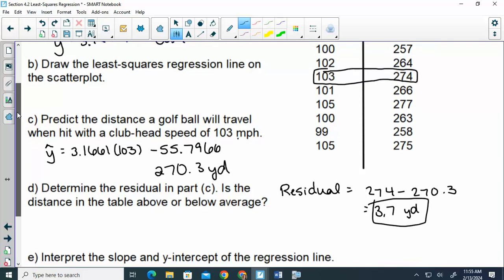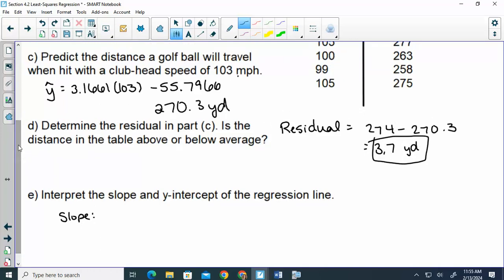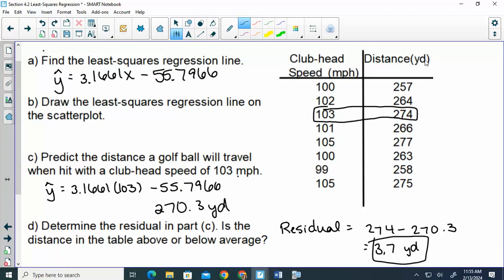If I ask you to interpret the slope and y-intercept. So the slope, y equals mx plus b, the m, that's change in y over change in x. Y was in yards divided by x, so per miles per hour.